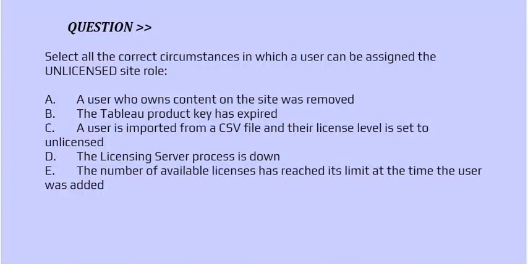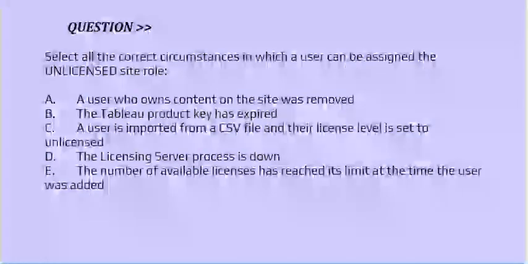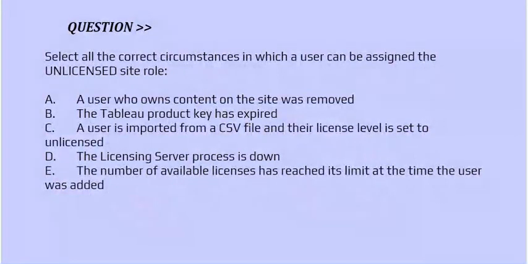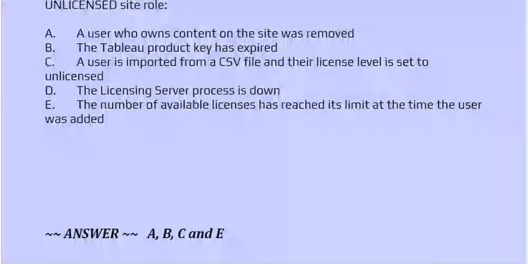Option C. A user is imported from a CSV file and their license label is set to unlicensed. Option D. The licensing server process is down. Option E. The number of available licenses has reached its limit at the time the user was added. Correct answer is option A, B, C and option E.